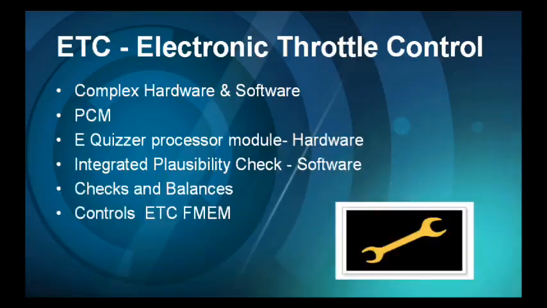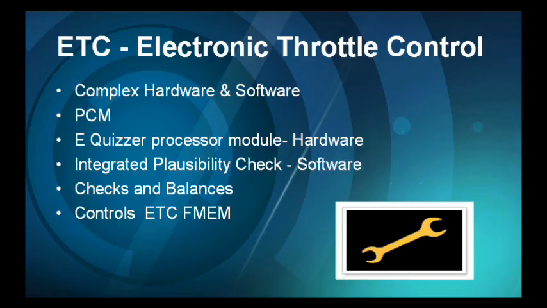If the orange wrench light comes on, it's an indicator that you have a problem in the electronic throttle control system. Then we have the software, known as the integrated plausibility check software. So it's kind of a system of checks and balances.